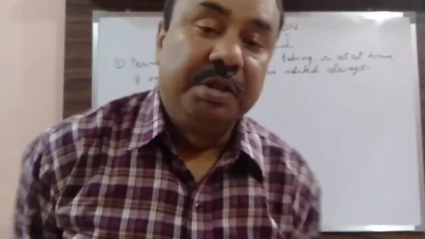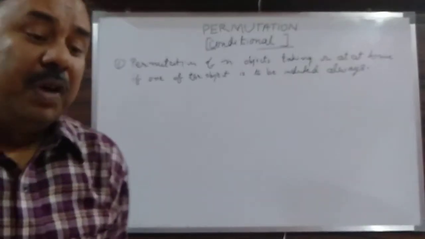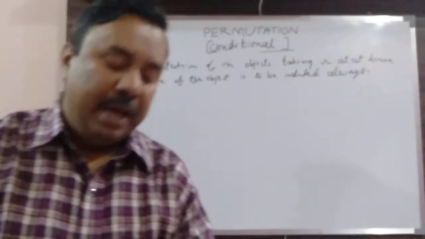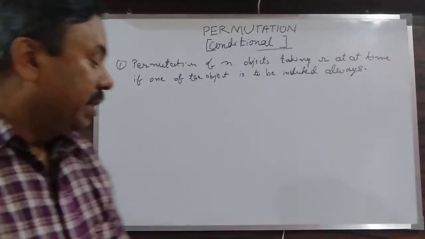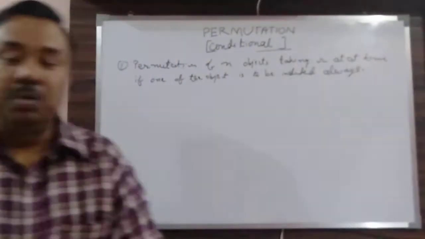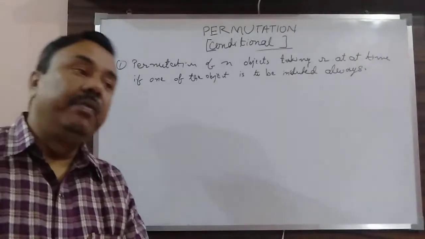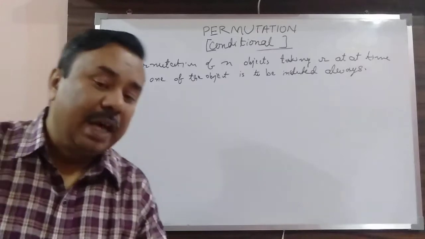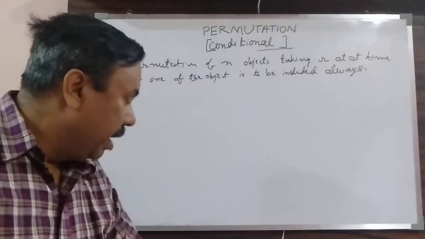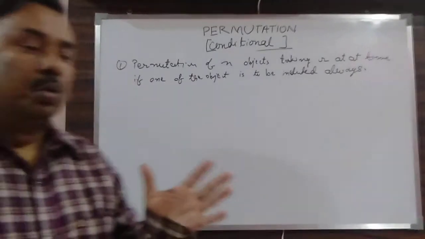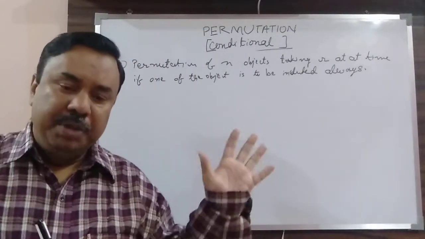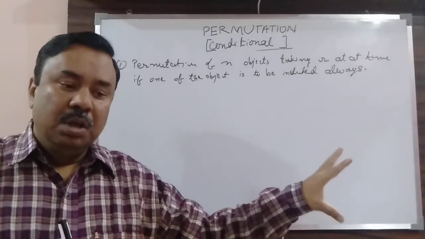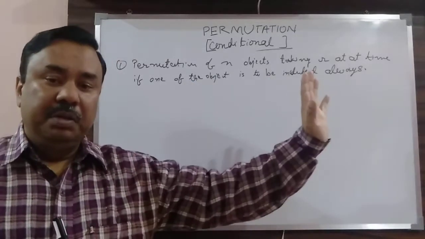Now this is the condition. Any one specific object has to be included always. In that case, how do we find out the number of ways in which the arrangement can be done? As we know that one object has to be included, it will be placed anywhere.